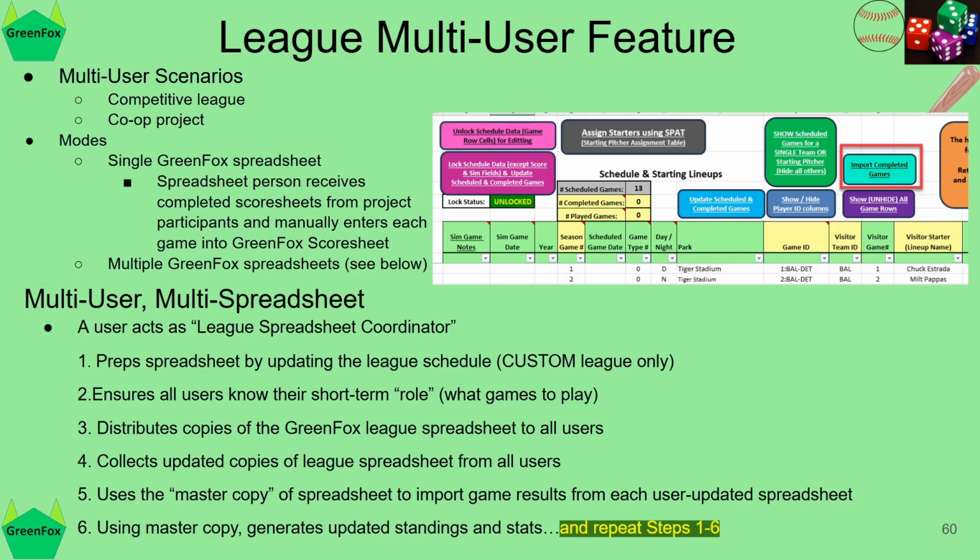All those results are imported into a single copy, and rinse and repeat. And that's how you could do a multi-user project using multiple spreadsheets, but you have one as the league coordinator or the master copy. That may sound a little confusing, but if you have any questions, reach out to me.